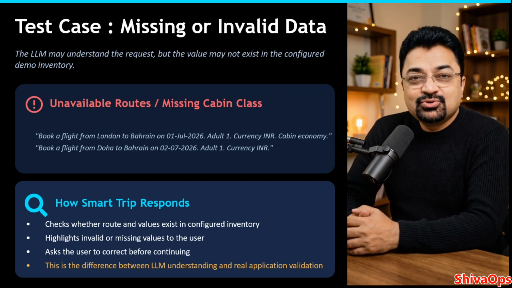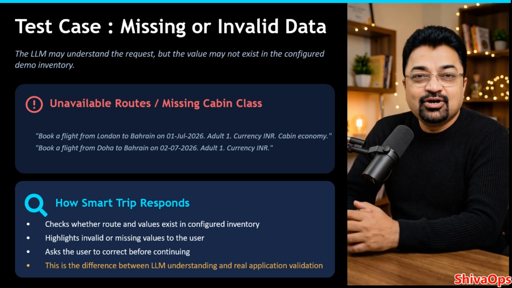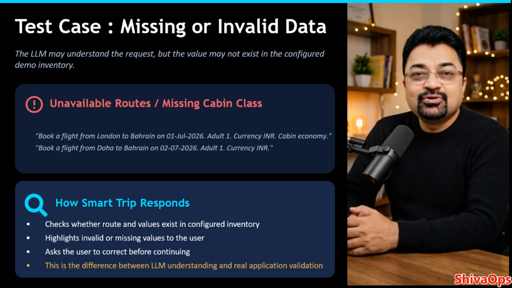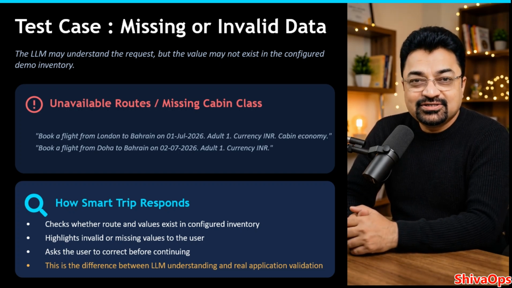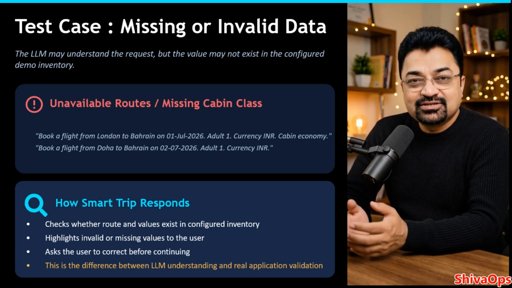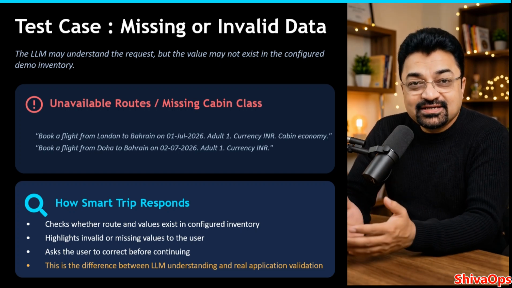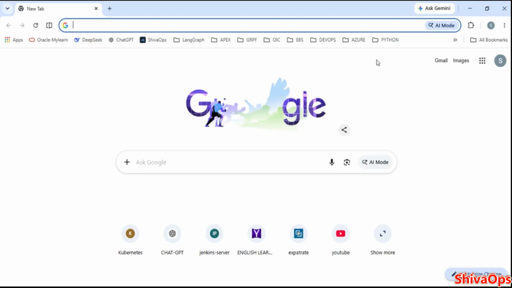In such situations, SmartTrip should not fail or continue with wrong assumptions. Instead, it should guide the user with a proper message or selection option. This is important because an AI assisted application must be helpful but also controlled and reliable. Now let us see SmartTrip in action using LLM chat mode and test how it handles missing or invalid data.